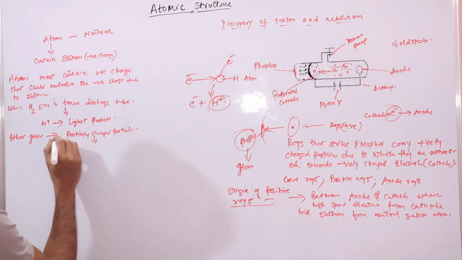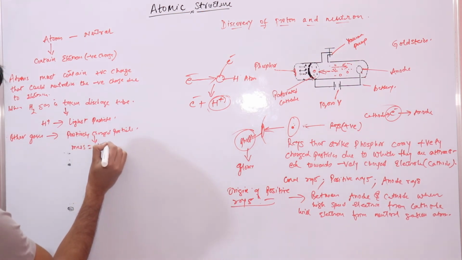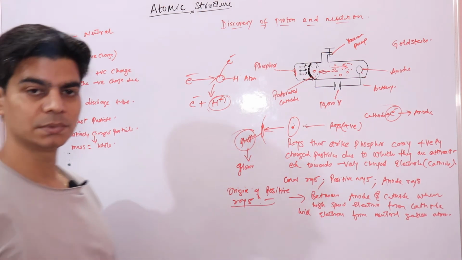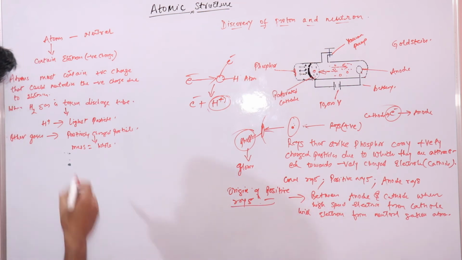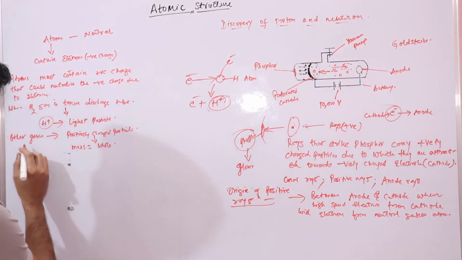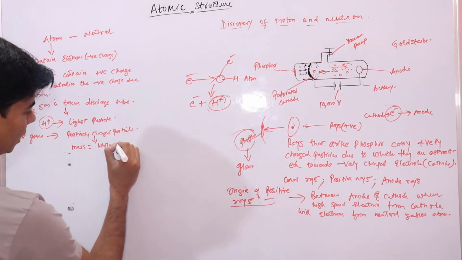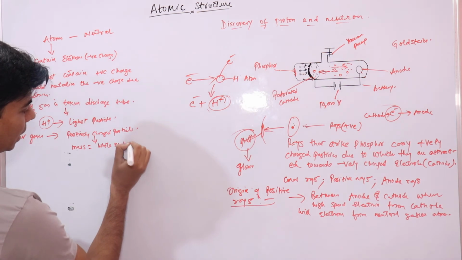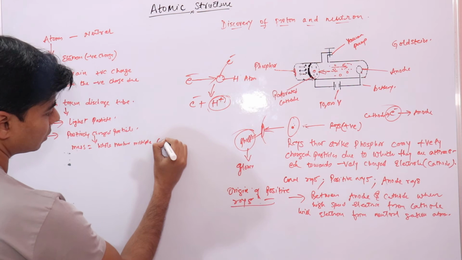That means it is 1 times, 2 times, 3 times, 4 times the mass of these hydrogen ions. The mass of positively charged particles due to other gases is a whole number multiple of the mass of hydrogen ions.